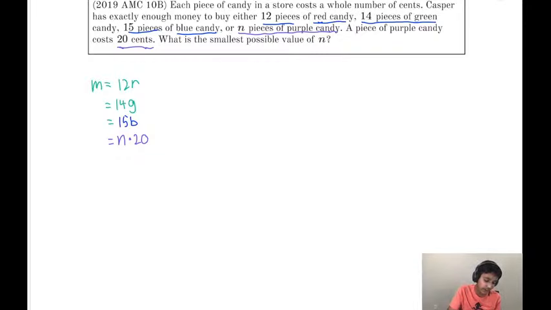So now what we know here is that M will have to be a multiple of 12, 14, 15, and 20, right? Because M is equal to some numbers times some variables. So that means that M will have to be at least the LCM of 12, 14, 15, and 20.